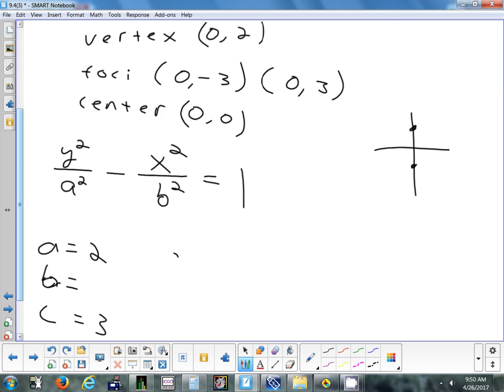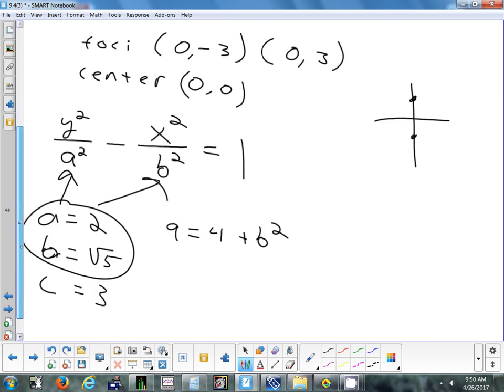And now b. c squared equals a squared plus b squared. This number's come up a lot today. b is going to be the square root of 5. Okay, so now fill in those 2 numbers, and you're done.